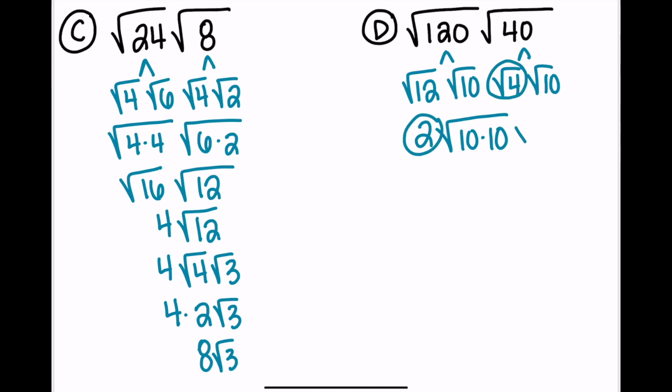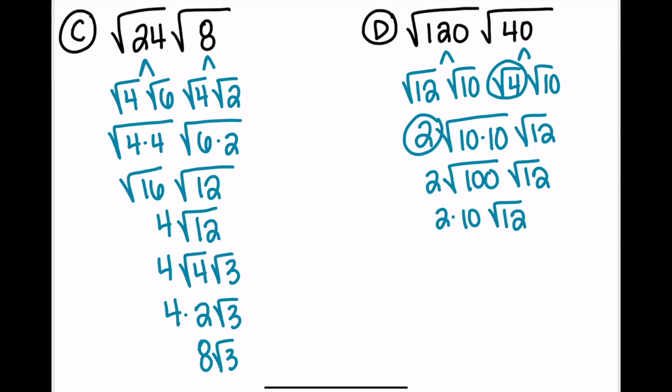And then we have that square root of 12. Okay, so that's 2 times the square root of 100 times the square root of 12. So that's 2 times 10 square root of 12, and that gives us 20 square root of 12, but again, we're in that same situation where we can break this down to 4 times 3 again.